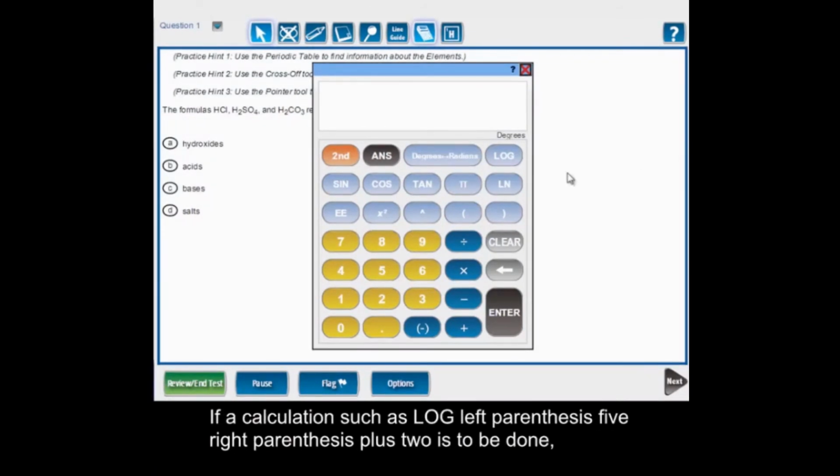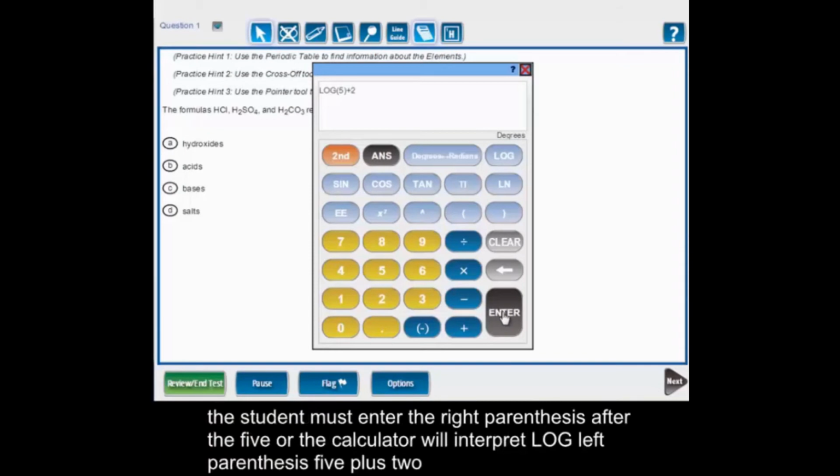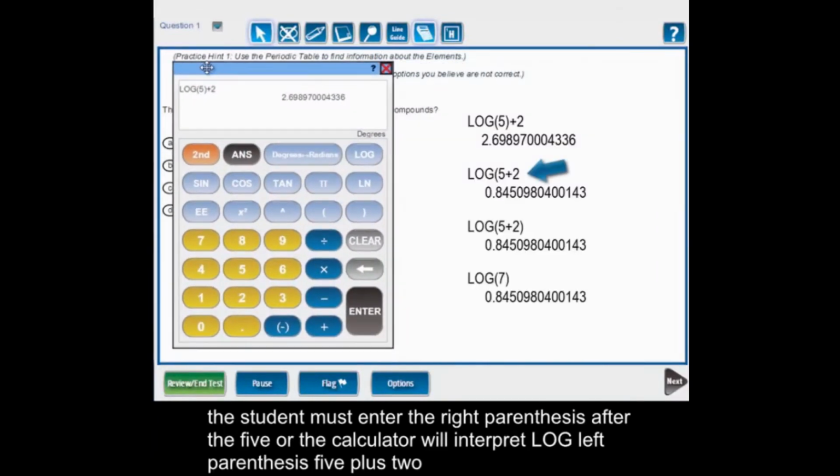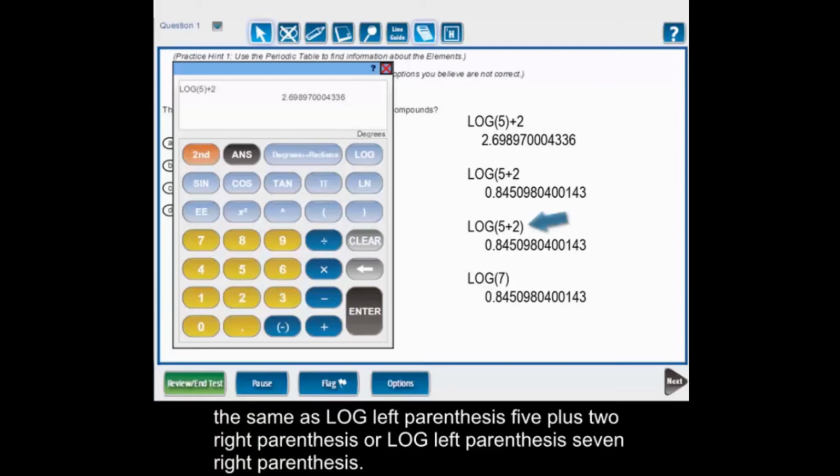If a calculation such as log, left parenthesis, 5, right parenthesis, plus 2 is to be done, the student must enter the right parenthesis after the 5, or the calculator will interpret log, left parenthesis, 5, plus 2, the same as log, left parenthesis, 5, plus 2, right parenthesis, or log, left parenthesis, 7, right parenthesis.